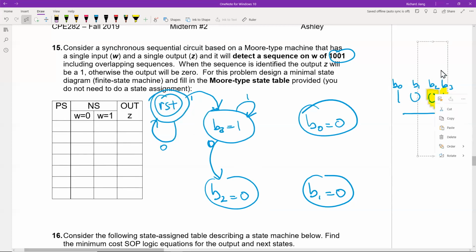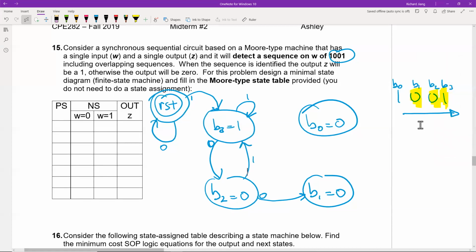The idea is it cannot advance forward to this 0, but it's still caught a 1, so it can remain in this first highlighted state. Make sense? Okay, and now from the B2 state, say that we were able to advance into the B2 state. Well, if the next number that we catch is a 0, then we can advance to the next state, which is saying that B1 is a 0. But if we don't catch a 0, meaning we catch a 1, then we're going to want to transition back to the previous state.